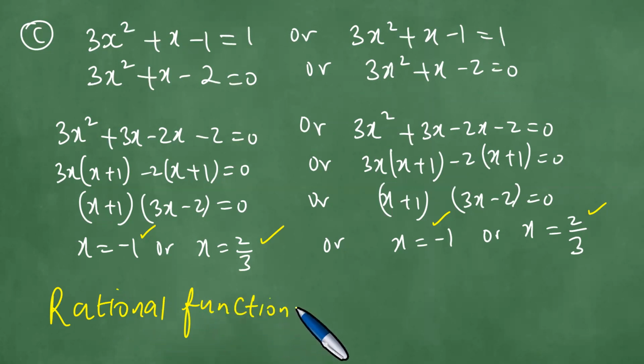What are rational functions? These are equations that involve a function f divided by another function g of x, and these are called rational functions. So these equations were just involving rational functions, and we have been able to solve them in detail.